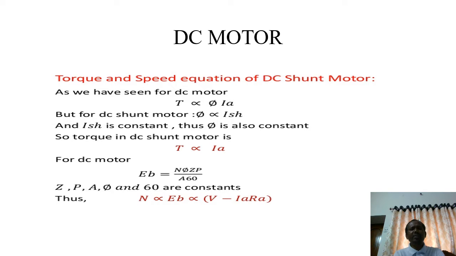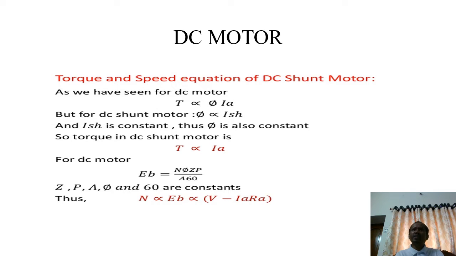We know that EB is equal to V minus IaRa. You must note this for drawing the characteristics of a shunt motor. These are the most important fundamentals. One is the torque equation for DC motor, T is directly proportional to phi Ia.